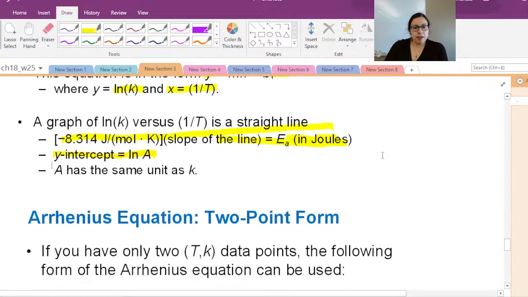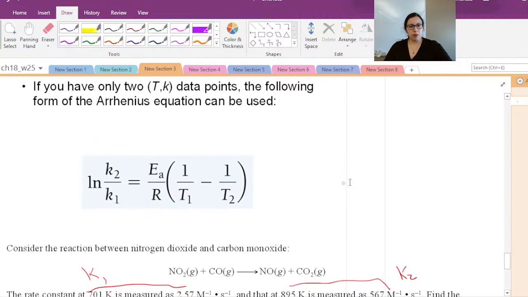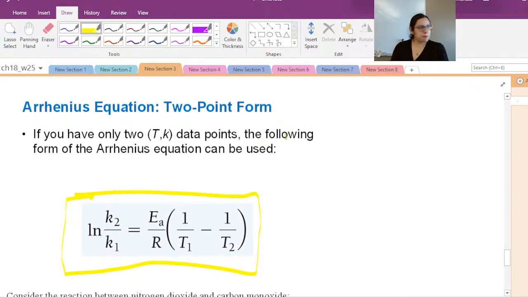And then probably this one will be more useful. So this is, again, another form. This is often used in word problems in class as well, or it may be appropriate for lab today. Actually, I think it is appropriate for lab today because we'll have some 2-point data with our temperature.